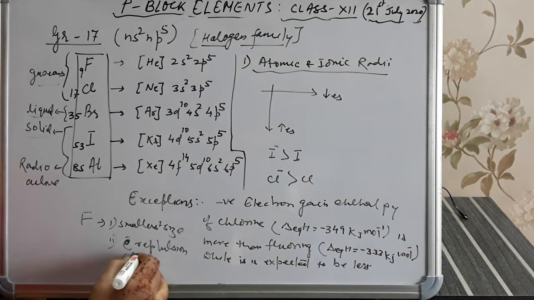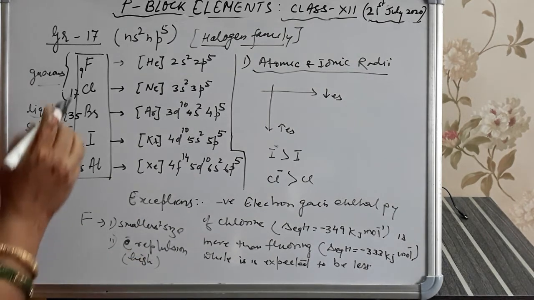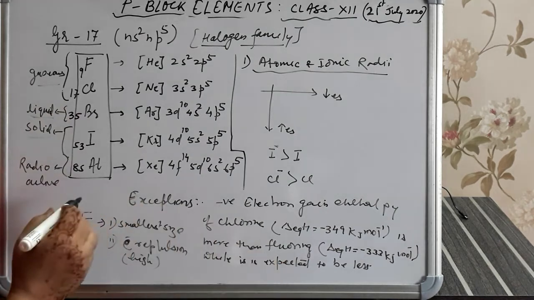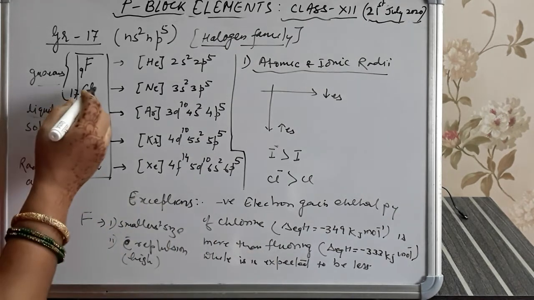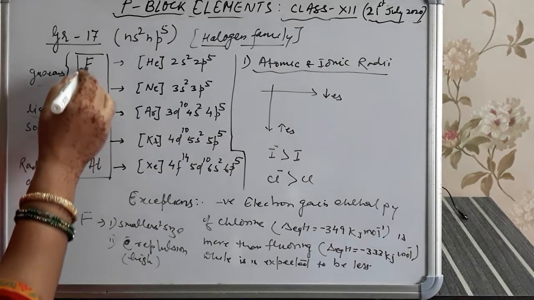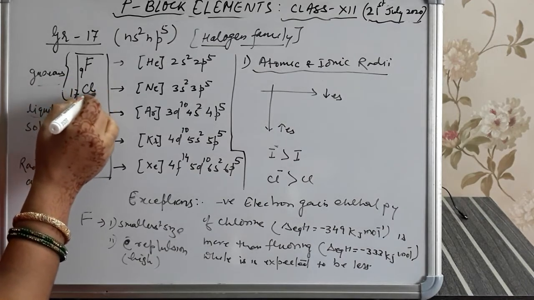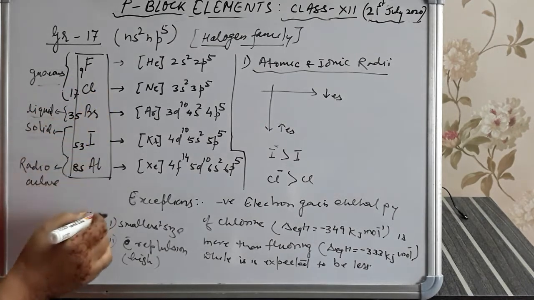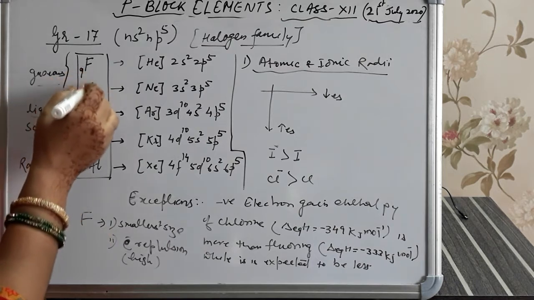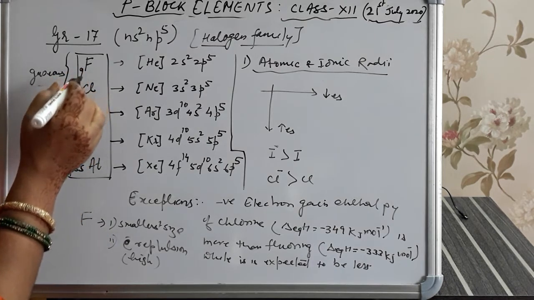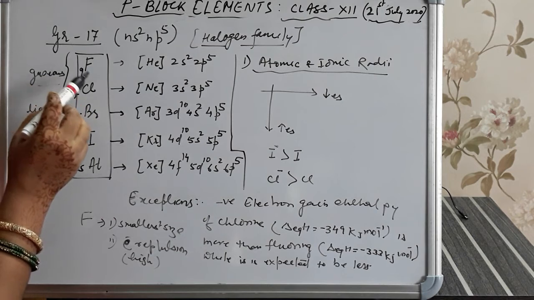High electronic repulsion makes fluorine have a less negative value than chlorine. In chlorine, the size is greater than fluorine, and also electronic repulsion is less. So in this way, here is the only exceptional case found in group 17 regarding electron gain enthalpy.